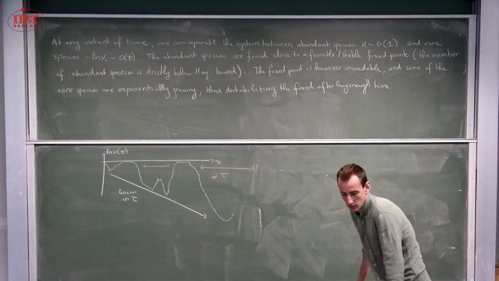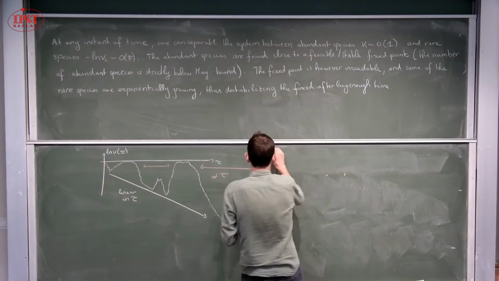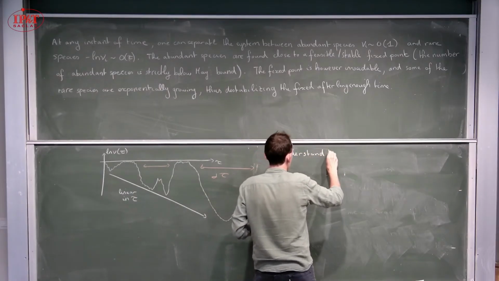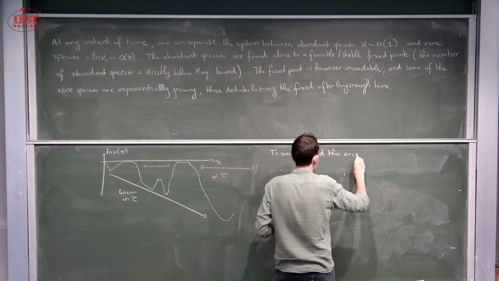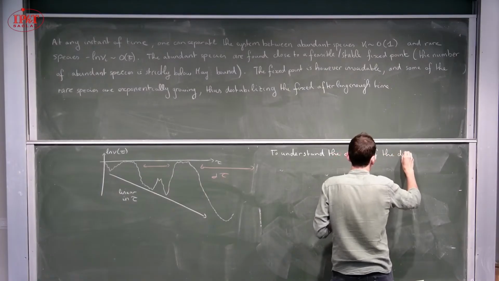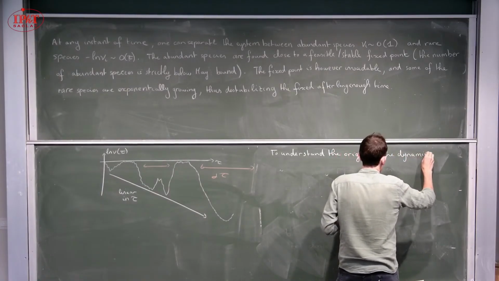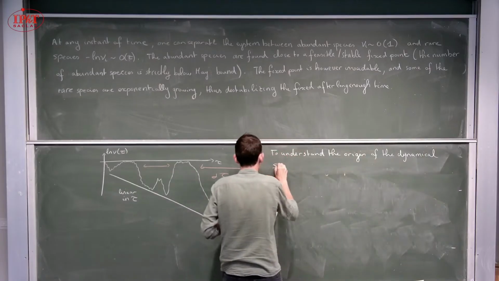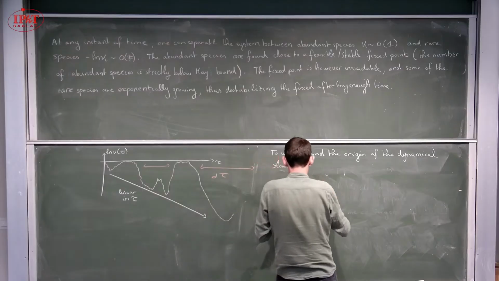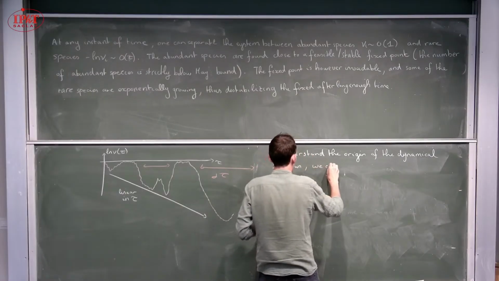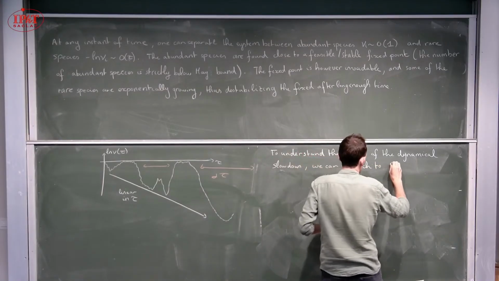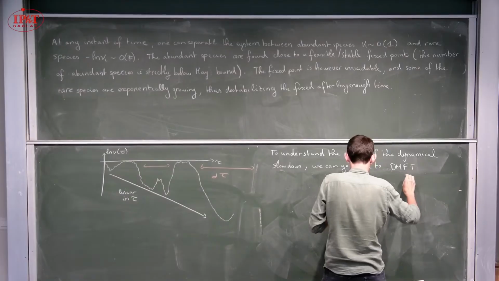To understand the origin of the dynamical slowdown, we can go back to the DMFT equations, dynamical mean field theory.